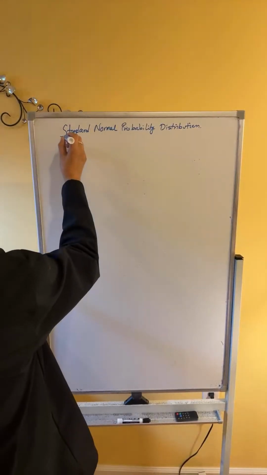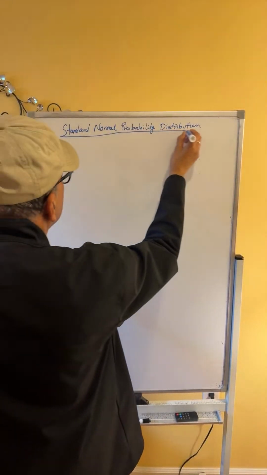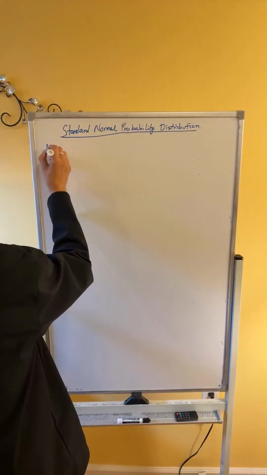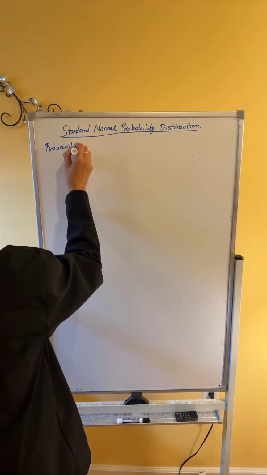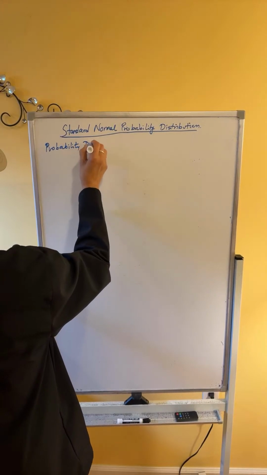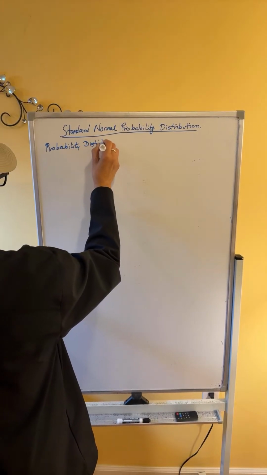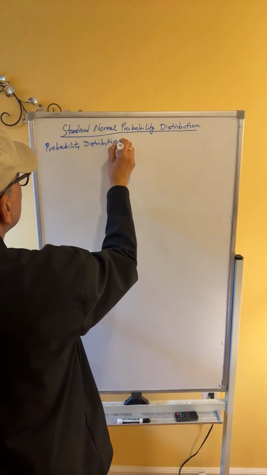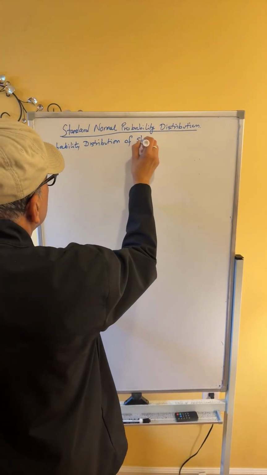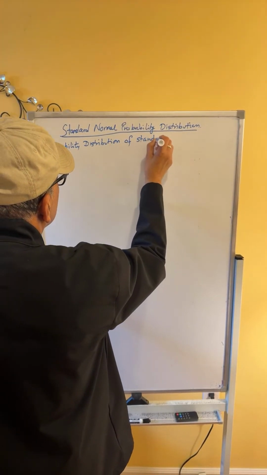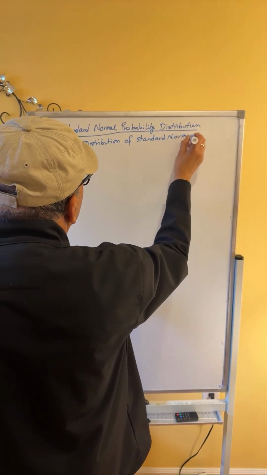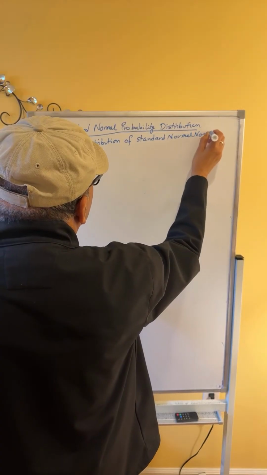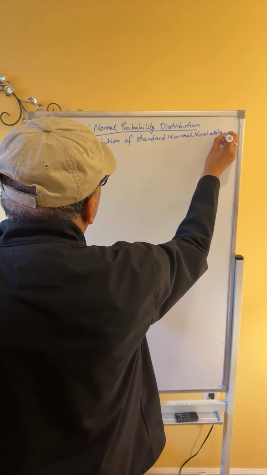So when we are talking about standard normal probability distribution, we are talking about the probability distribution of the standard normal variable, which is given by the letter z.